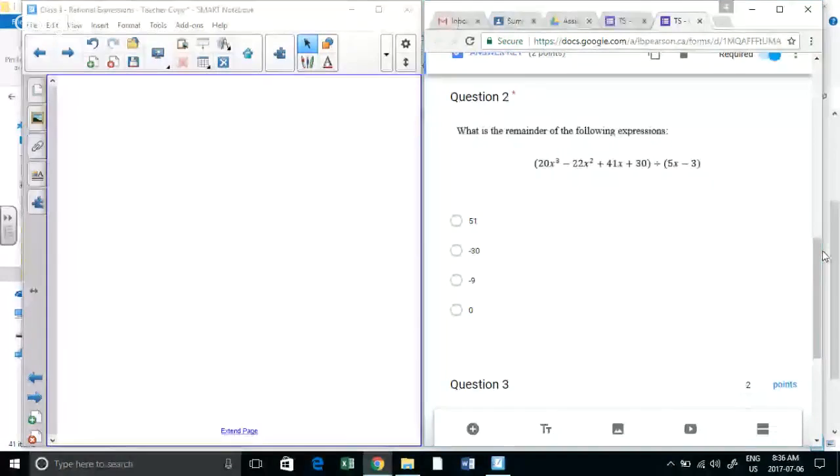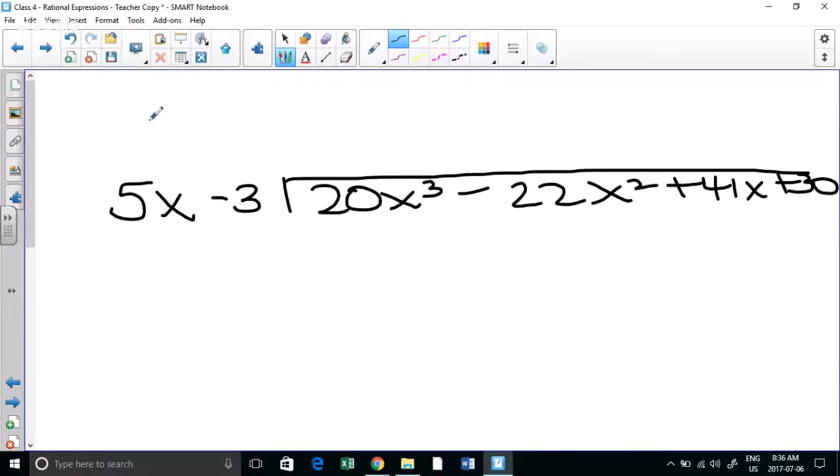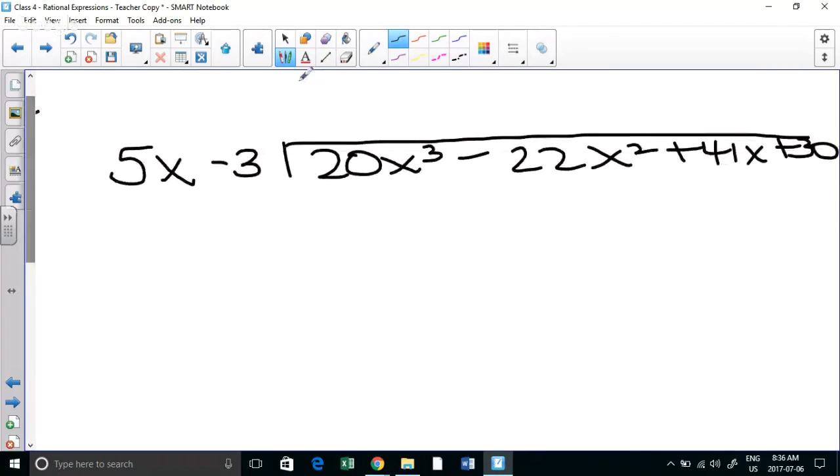Okay, question number 2, we have a long division. Like I said, we should be getting used to these problems now, so I'll do this one very quickly. It should be 1x cubed minus 22x squared. Remember, we're dividing here, first term by first term.